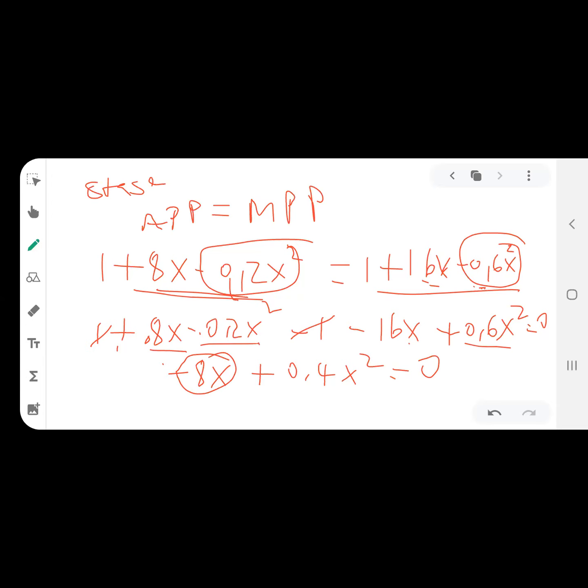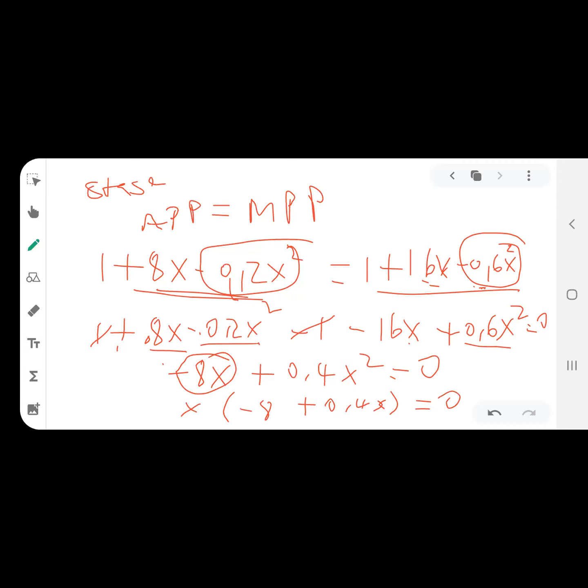Should we take the common factor here? Do we have a common factor? Yes. What? X. We can factor out x, and then we remain with x times negative 8 plus 0.4x equals 0. Then I think you can take it from there. X equals 0, right?